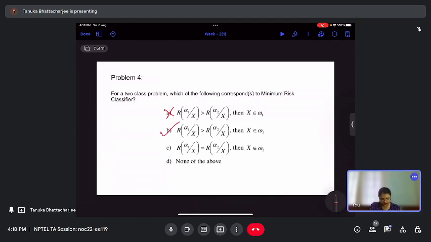And lastly, if the risk is equal, then you can classify it to any class. Any class, that will not make a difference.